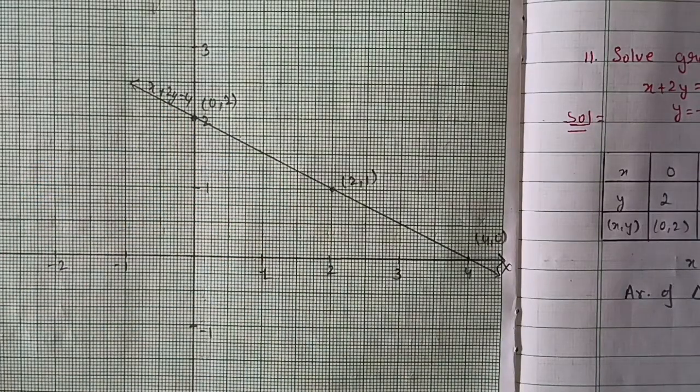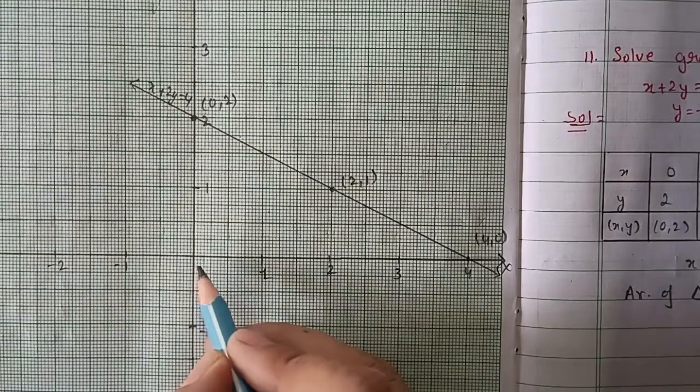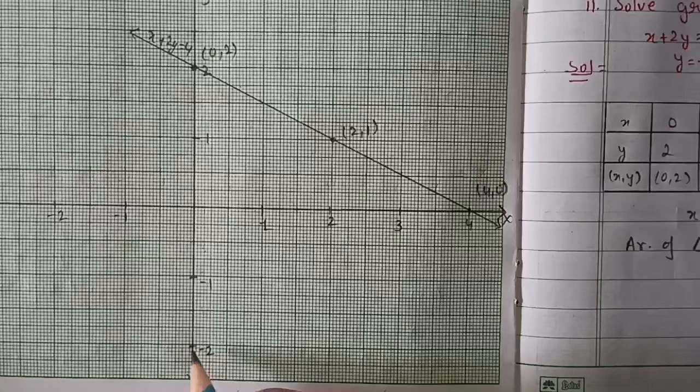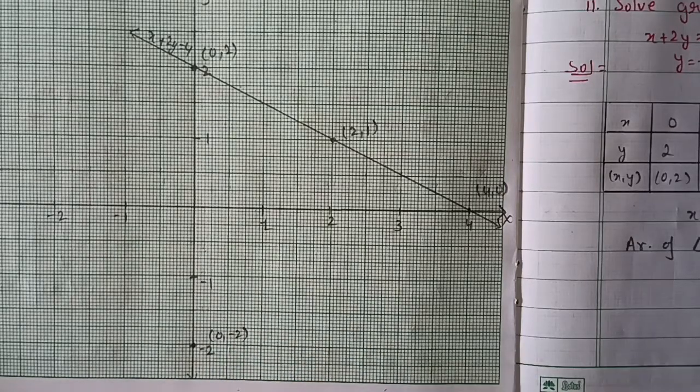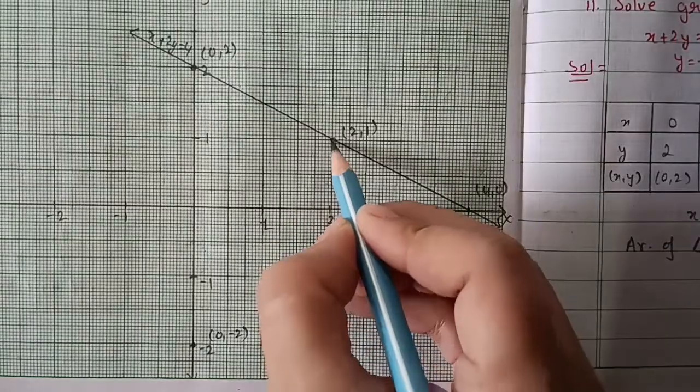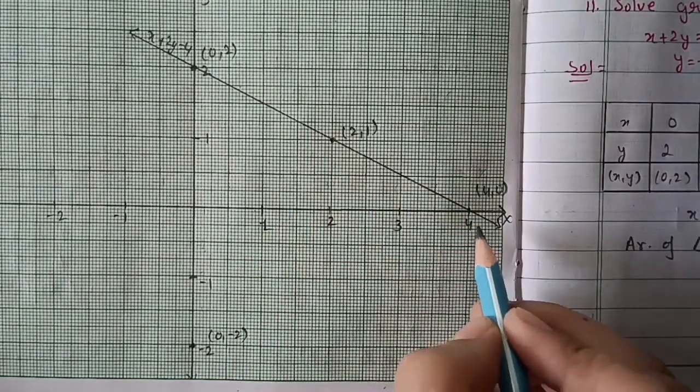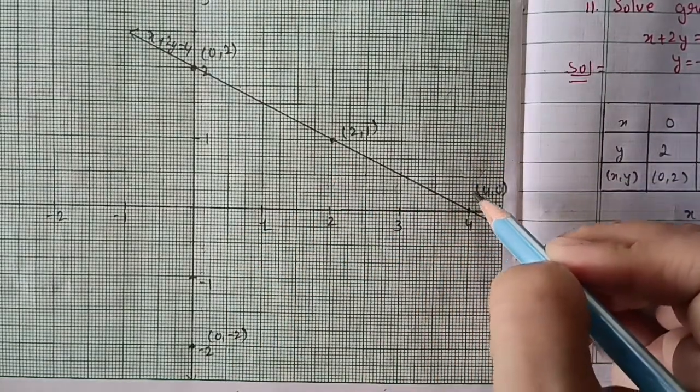Recheck it. For the second equation, first point we have 0 comma minus 2. This is the first point. Then we have 2 comma 1. This is second point. And 4 comma 4.